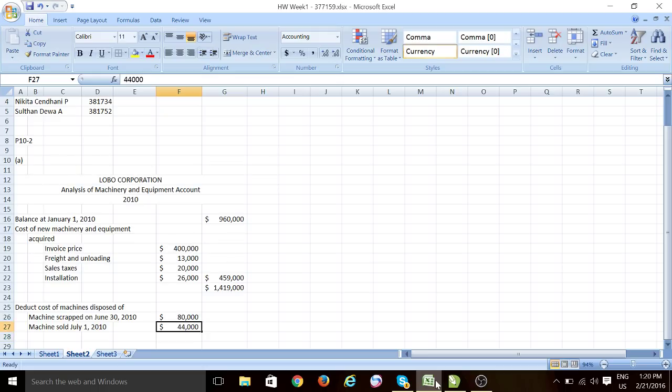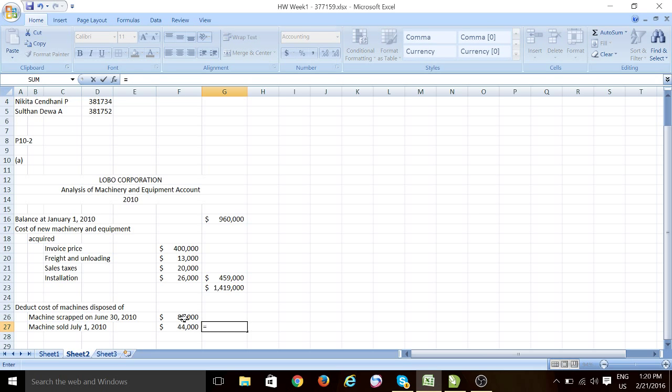Remember that we used the original cost, the cost when we acquired the item, instead of the cost the item is sold or the depreciation value. We use the cost when we acquire them.